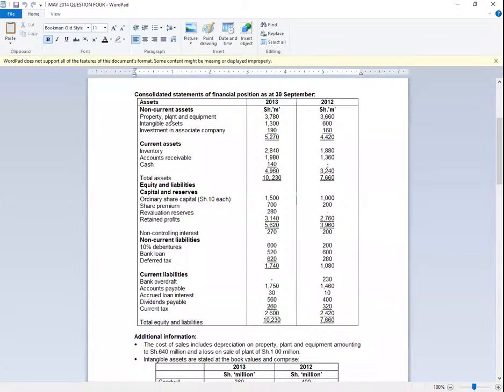For property, plant, and equipment, you will have PPE that was acquired, and there could be PPE that you sold. I don't even have to be told by anybody. I'll write here: PPE purchased.